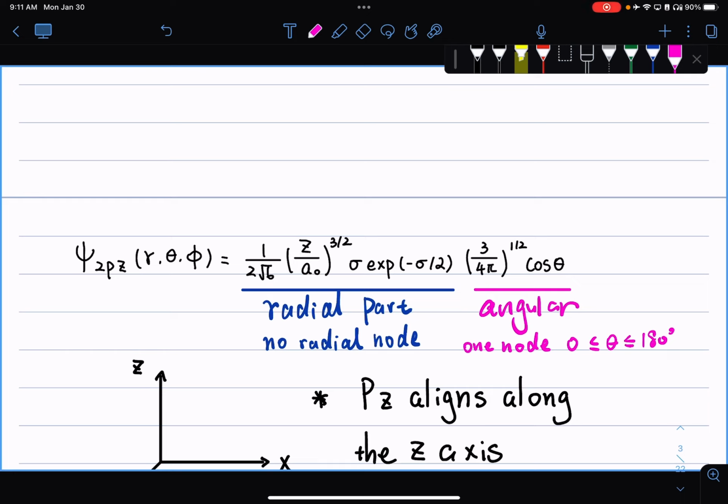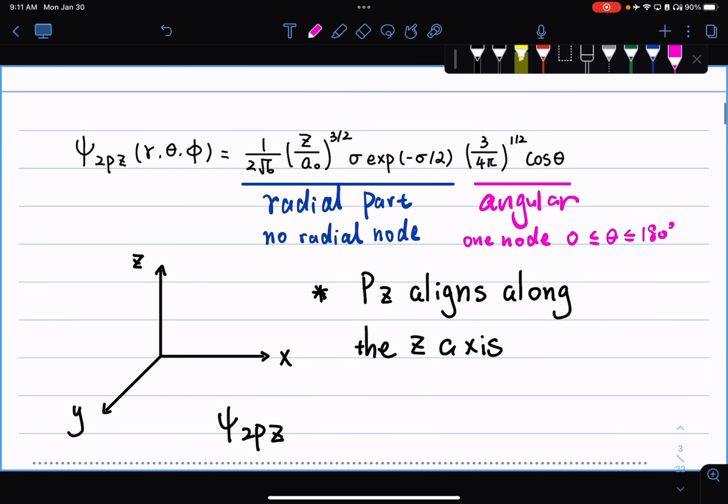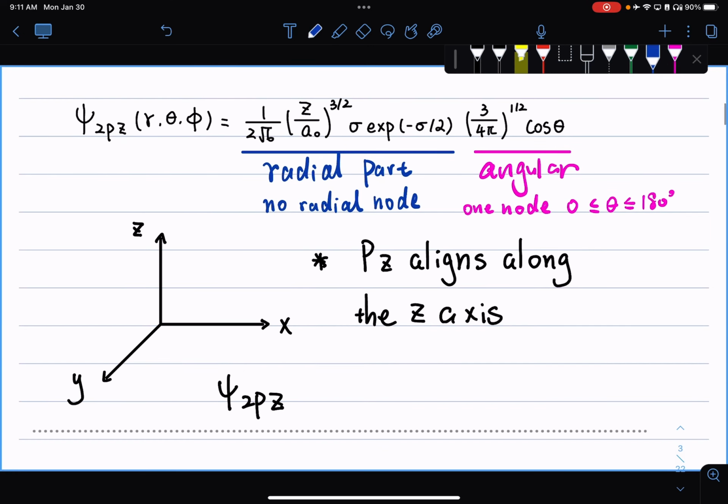All right, so what does our p orbital look like? I'm not going to ask you to plot it in class, but you can try it if your math is good enough. Plug it into MATLAB or Python and ask the program to plot it out for you. What you should expect is somewhat like a dumbbell shape. You've probably already seen this somewhere else. If you plot out the mathematical function listed above, that's how you get the dumbbell shape.